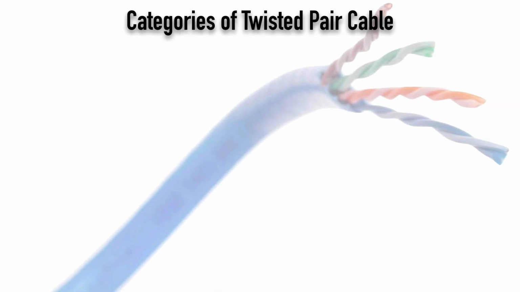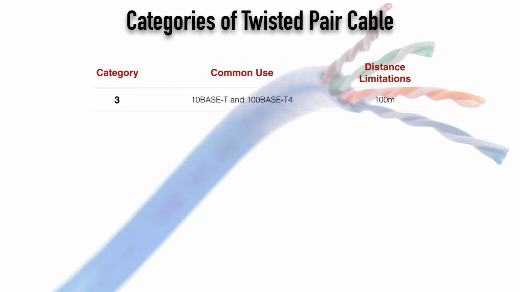We also need to understand some of the different distance limitations for different categories of twisted pair cable. For example, back in the old days when we had private branch exchange PBX systems, those were telephone systems that businesses installed, they oftentimes used Category 3 wiring, and then when local area networks started coming along, people realized, hey, we can use this Category 3 wiring and run network signals over this wiring.